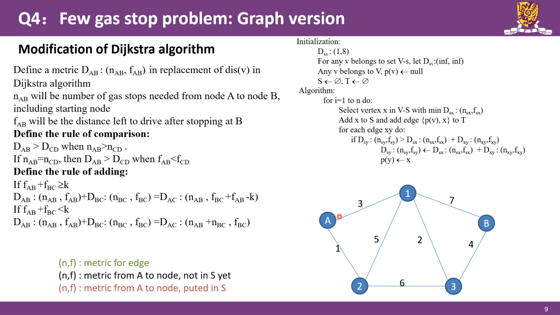And for the case that after we stop at maybe A, we can take this path as an example. Maybe we travel from A to 1 and 1 to B, and after 1 we don't have enough gas for us to reach B. So in this case, FAB plus FBC is lower than K, and we will update DAC by this rule.